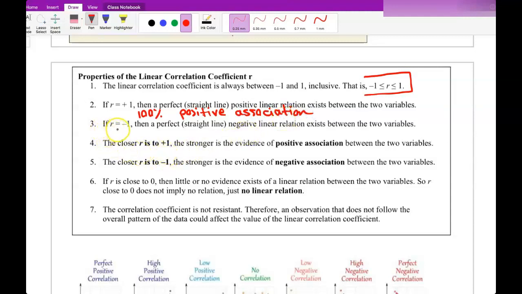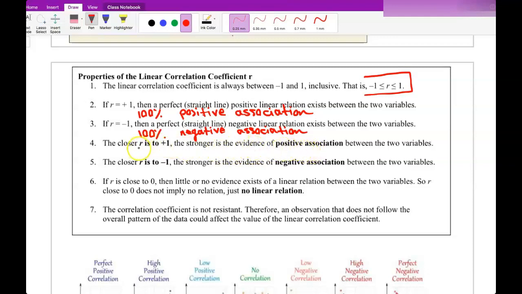Number 3, if r is equal to -1, so that was positive, here is negative, again exactly 100%. But since we have negative, now we have a negative association. Number 4, the closer r is to +1, the stronger the evidence of positive association.